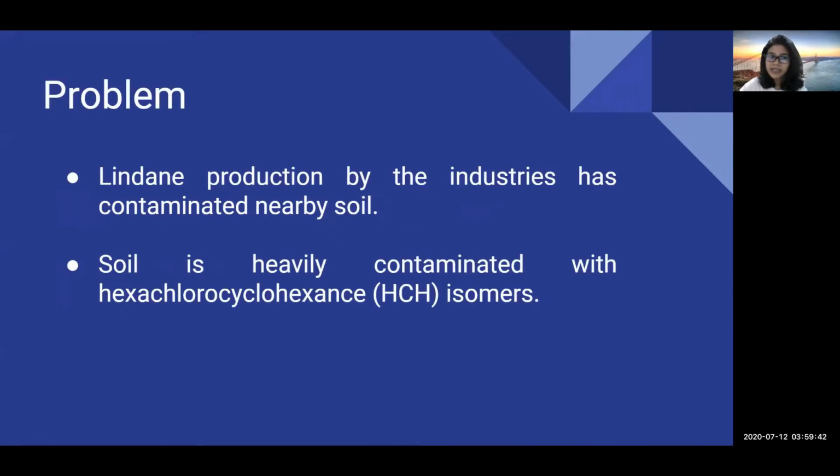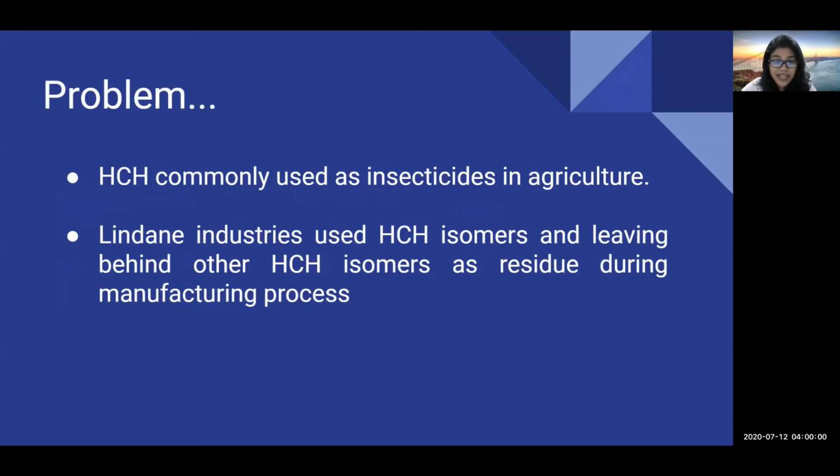So the problem is that lindane production by industries has contaminated nearby soil, and the soil is heavily contaminated with hexachlorocyclohexane (HCH) isomers. HCH isomers are commonly used as insecticides in agriculture.